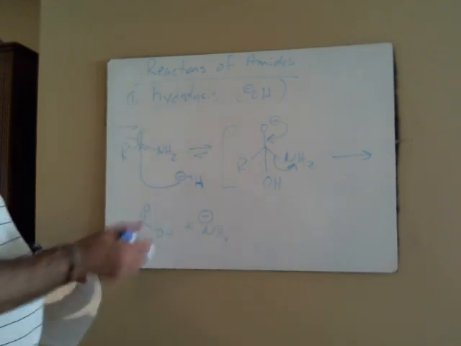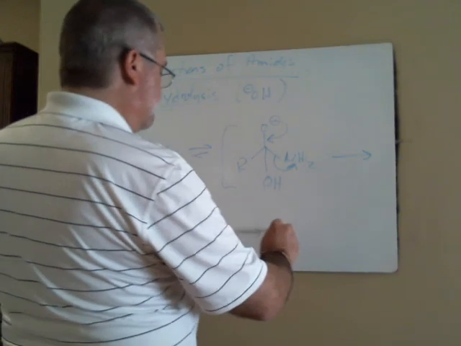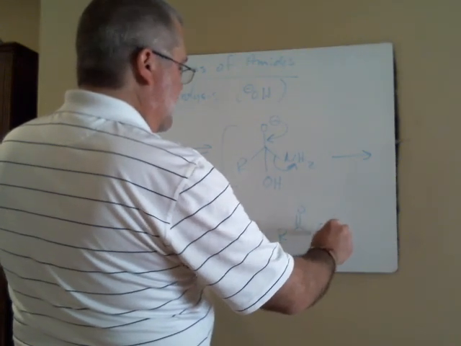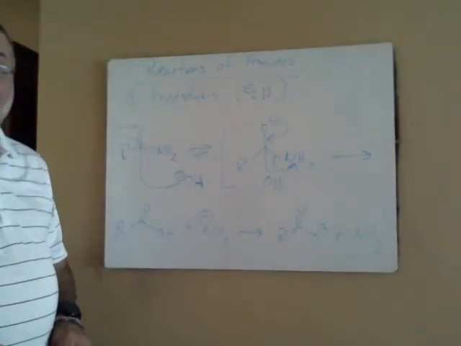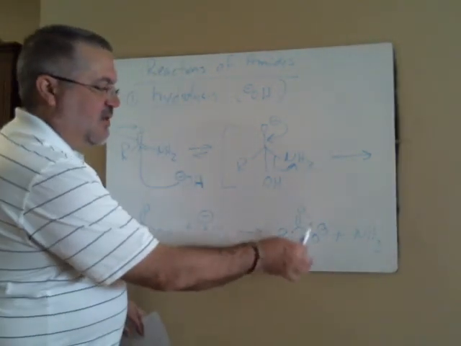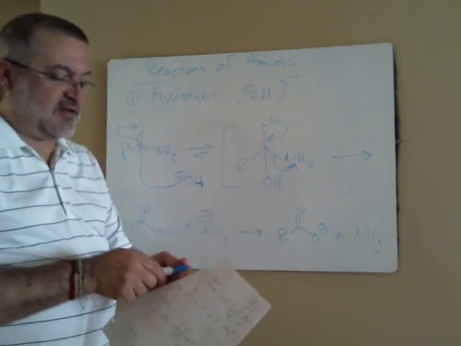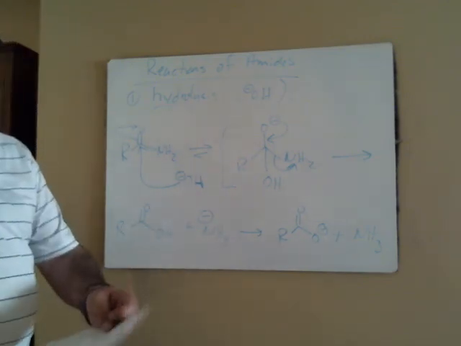And now, because it's under basic conditions, one thing you could show is under basic conditions, your product's actually going to exist as that, because your carboxylate is going to be what's present under basic conditions. But it's okay if you were to show this as the product.